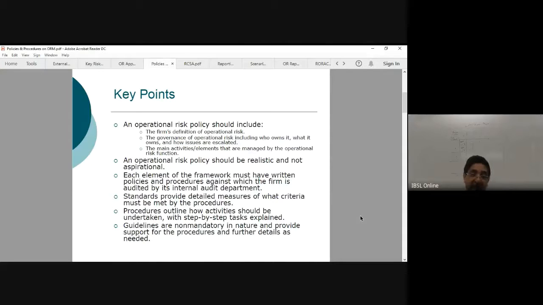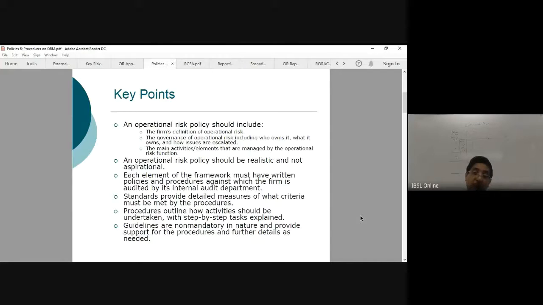Each element of the framework must have written policies and procedures against which the firm is audited by its internal audit department. Now, the real requirement here is you need to have written policies and written procedures. When an audit is done, it is done by looking at the written policies and procedures, and whether they are followed. That is what the audit is concerned with.